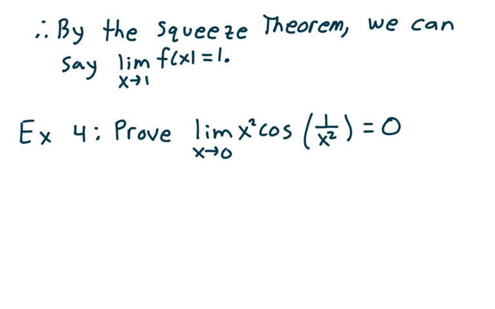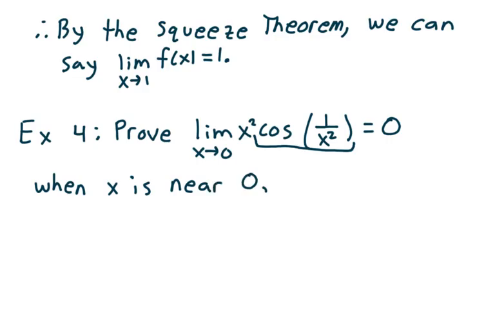So start with cosine of 1 over x squared. When x is near 0, negative 1 is less than or equal to cosine of 1 over x squared, which is less than or equal to 1, right? The cosine is bounded between negative 1 and 1.